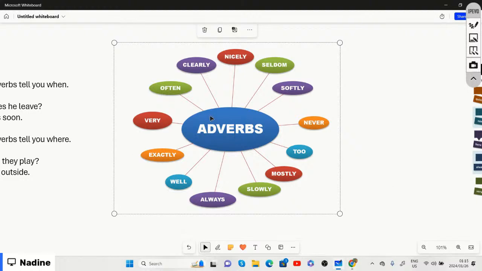These are some of the words that we might use as adverbs, which you may use or identify.